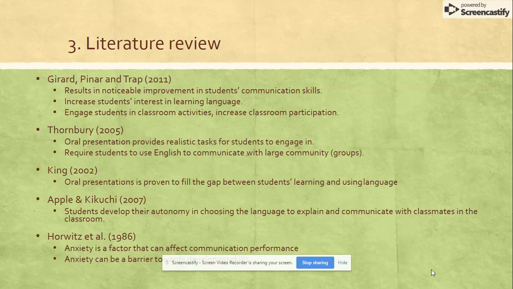However, anxiety is a factor that limits the implementation of oral presentation in the classroom because it can play the role of a barrier towards speaking fluency, and it leads to low engagement in the practice of speaking.